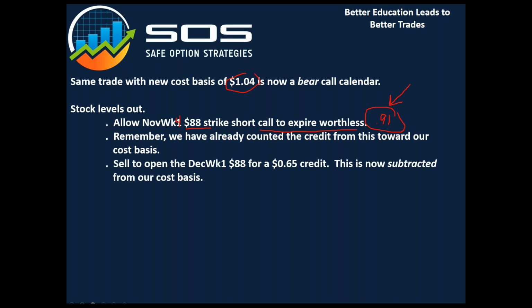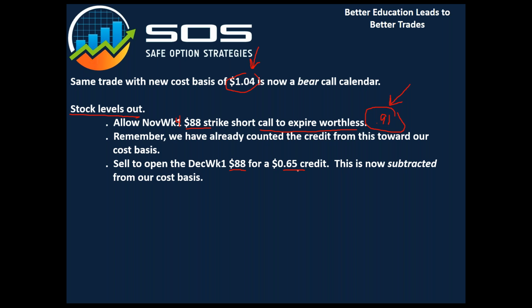So now, when we get the next weekly option at the same strike price, because remember, we're adjusting again because the stock is leveled out, we still have $1.04, and I'm guessing that at this point in time, our long call has lost a lot of its value. There's probably not much value left in that long call. So now we've got $1.04 left. We take in another 65 cents.